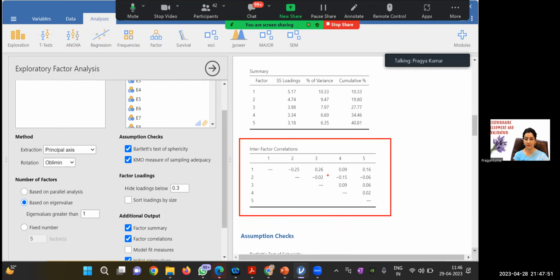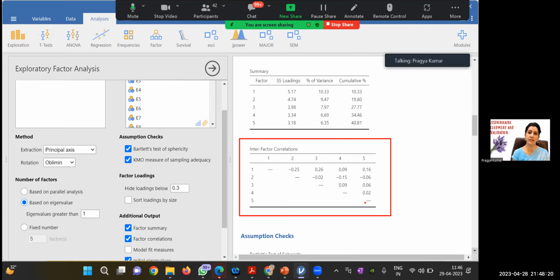If the inter-factor correlation is less than 0.3, in this case you will see that none of the values are greater than 0.3. So if none of the values are greater than 0.3, then you can say that there is discriminant validity.